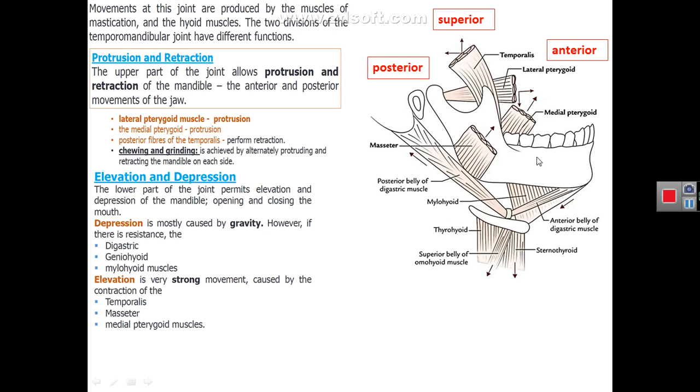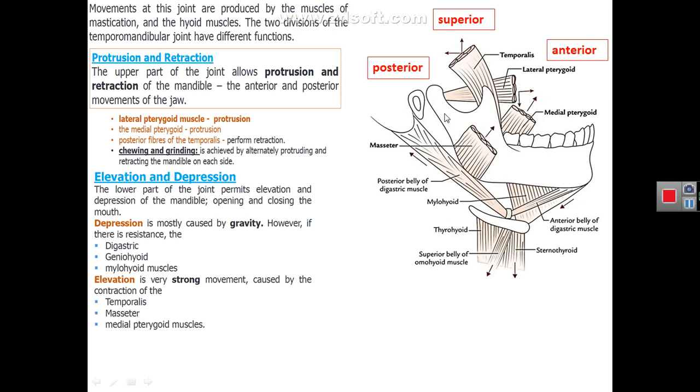This is elevation. Or depression, in which the mandible goes down to open the mouth when the upper and lower teeth are separated. So the movements are anterior protraction, posterior retraction, upward elevation to close the mouth, and downward depression to open the mouth. The arrows here show the movement very clearly.